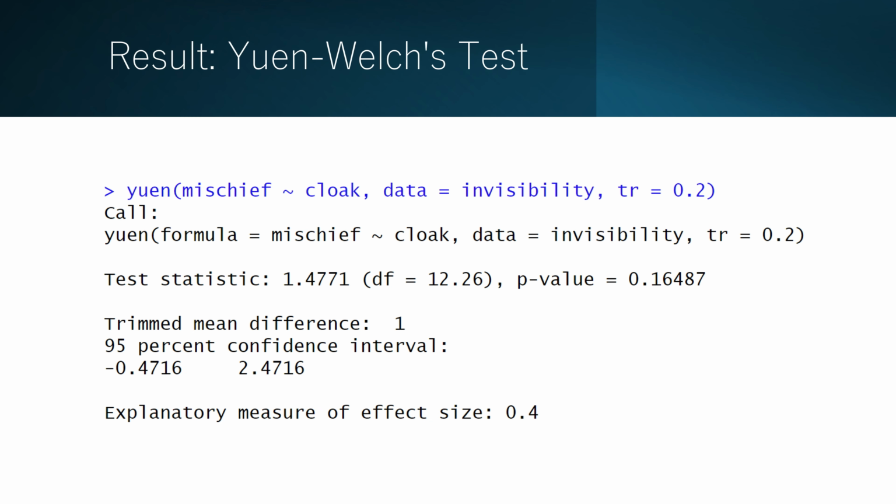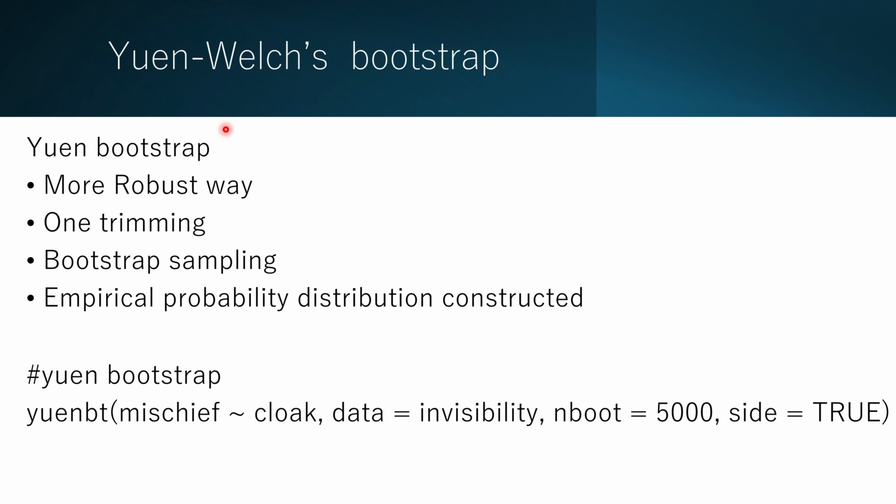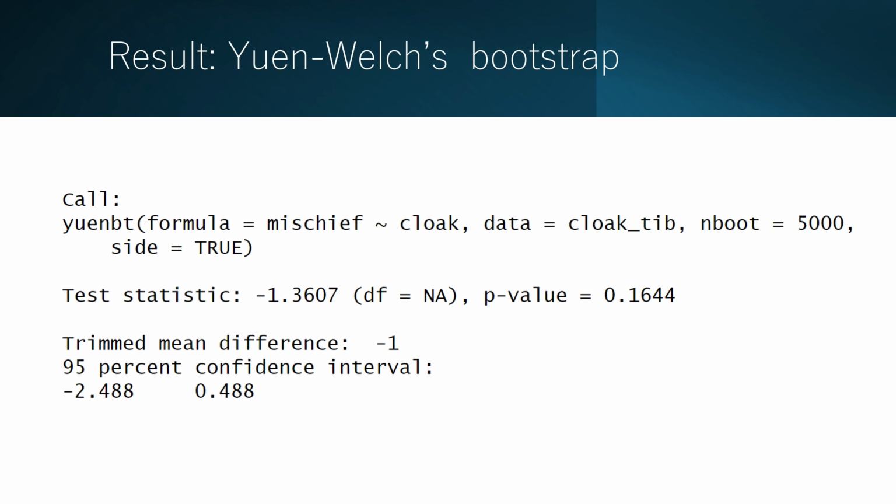So we can combine the bootstrap method and this test. This is the UMBT. BT means bootstrap. The bootstrap is 5,000 times. Like this.